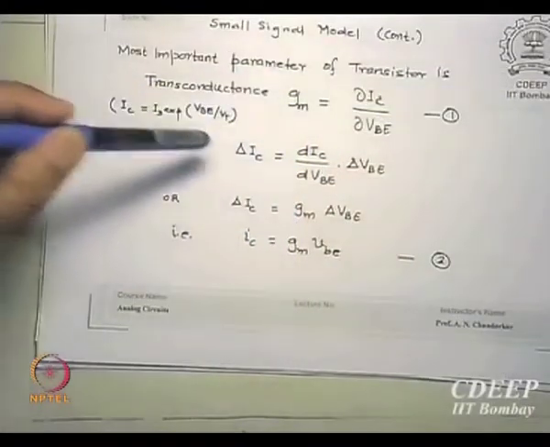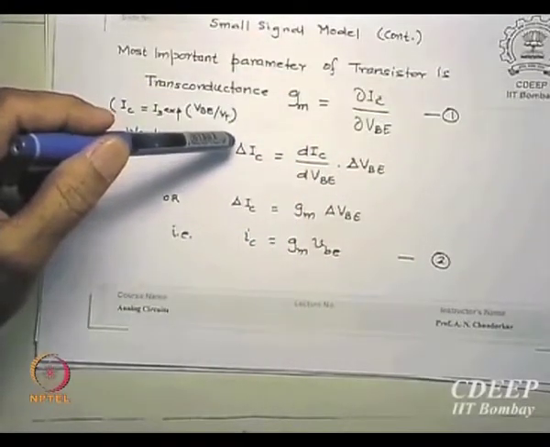Of course, VBE is related to IB also. How? IS e to the power qVBE by nkT. This is a diode. So VBE is related to IB directly in a diode, and therefore we need not talk about current. We should talk about base emitter voltages as our inputs, where signals will actually be applied. Is that okay? So because of that, we say change in collector current to the change in base emitter voltage is gm.